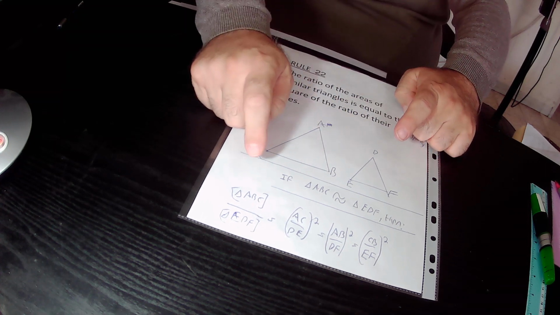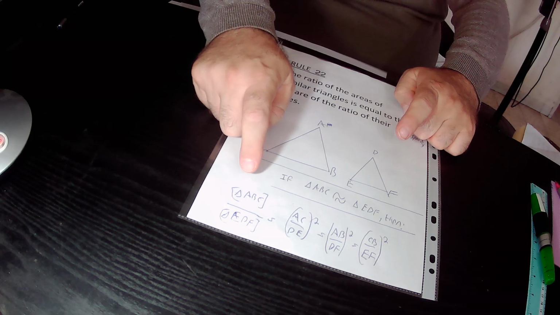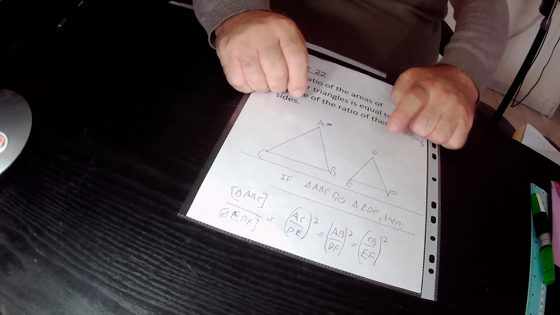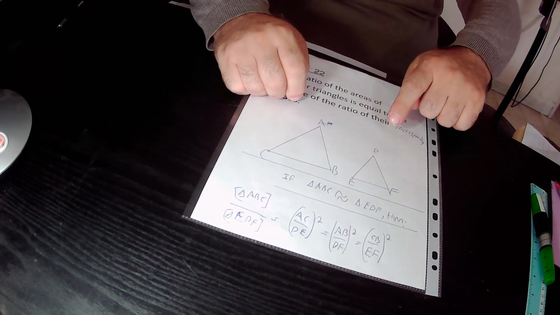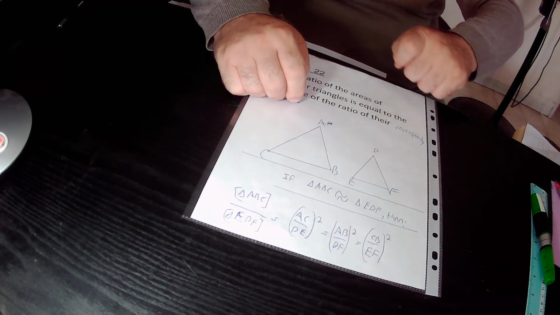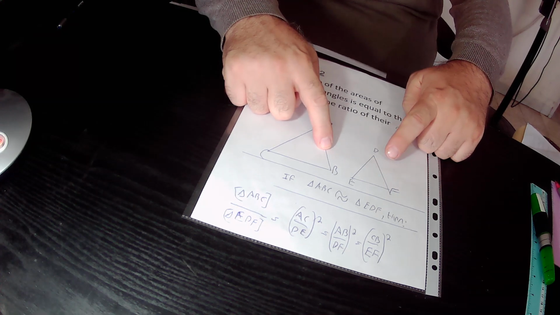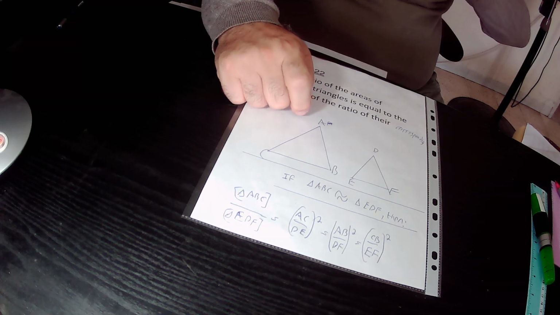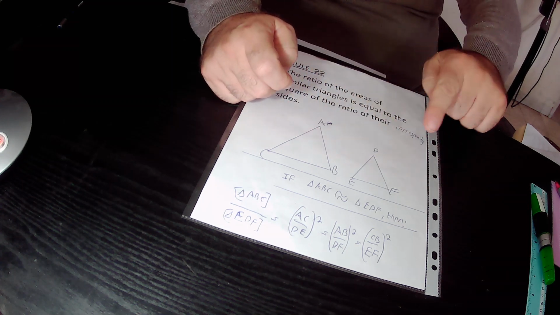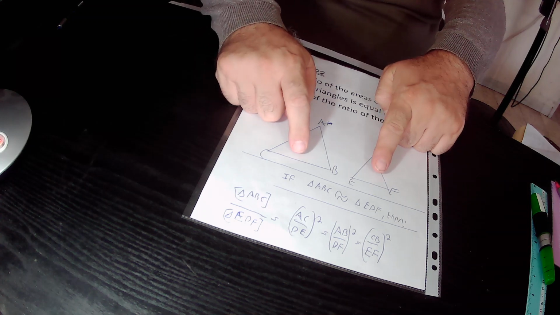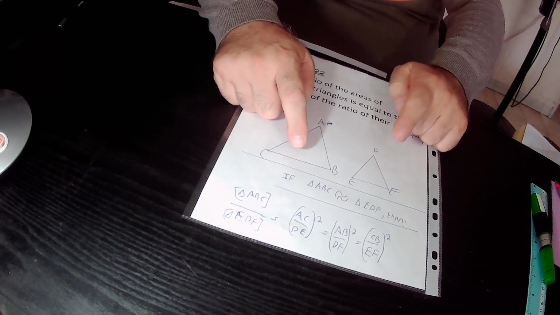Likewise, the square of the ratio of AB and DF is AB over DF squared. And finally, CB is the corresponding side of EF, so the square of the ratio is CB over EF squared.